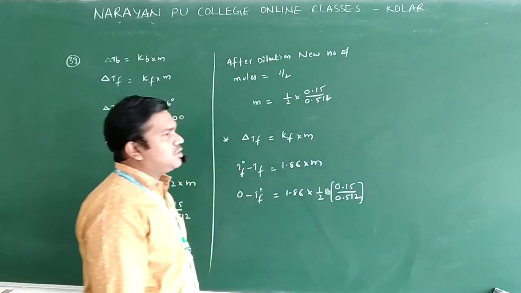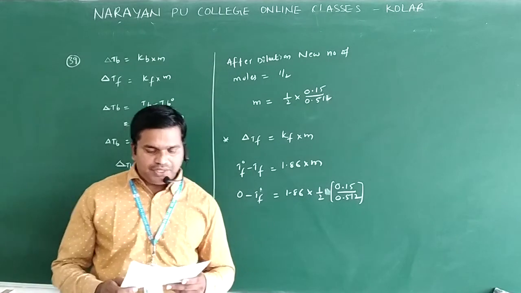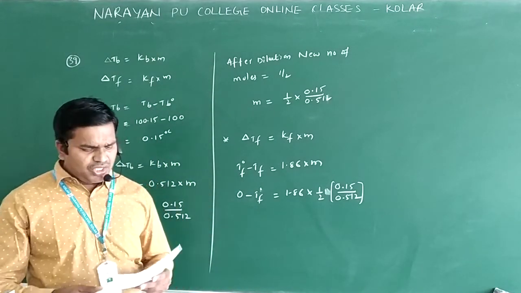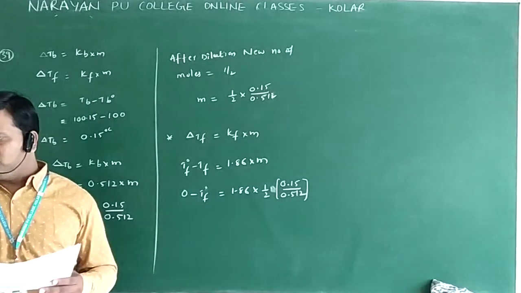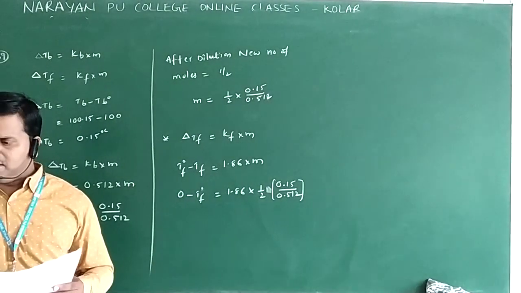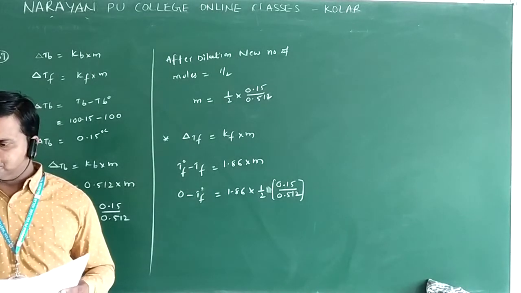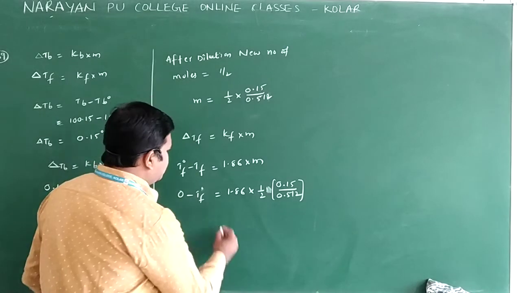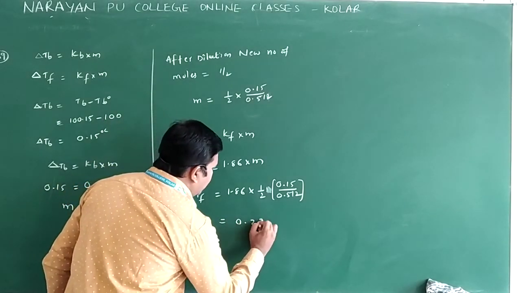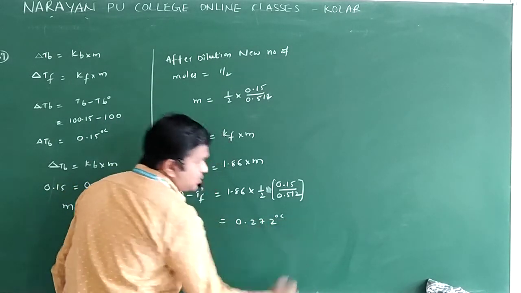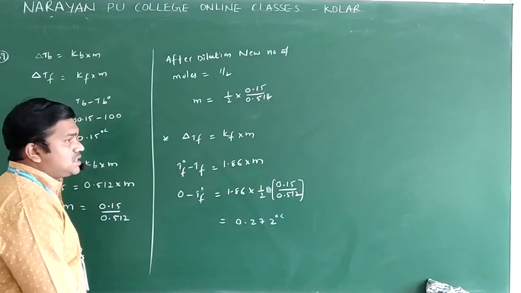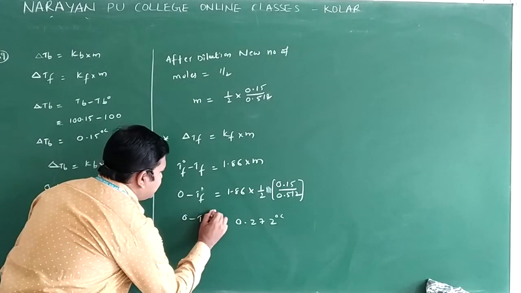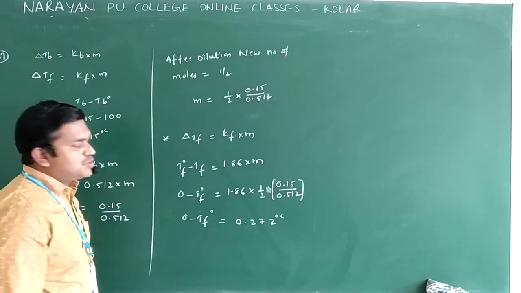0.15 by 0.512. If you do this calculation, nearly you will get 0.272 degrees Celsius. This is 0 minus Tf, that means delta Tf only. So 0 minus Tf is equal to 0.272.